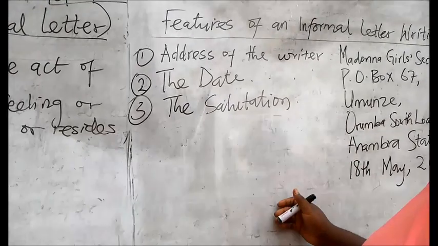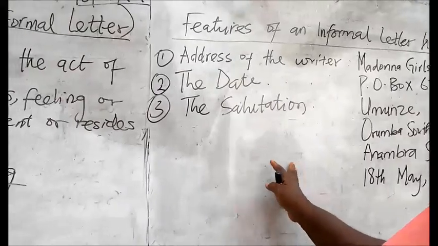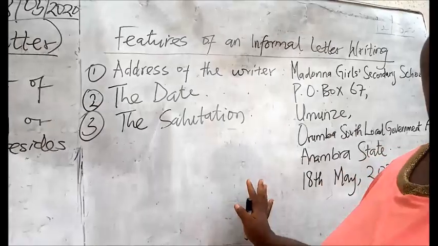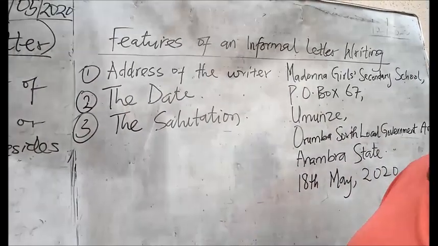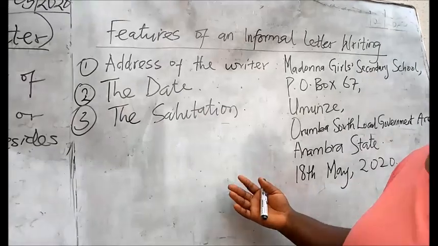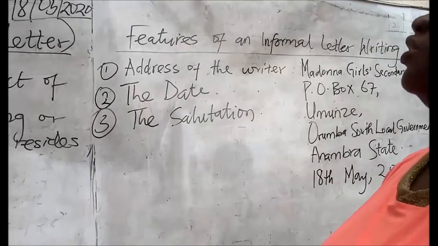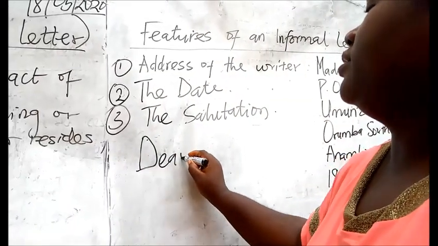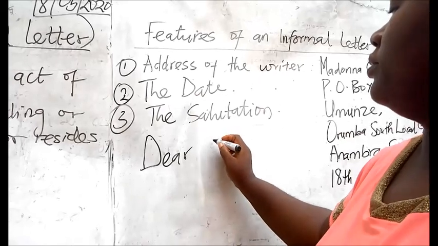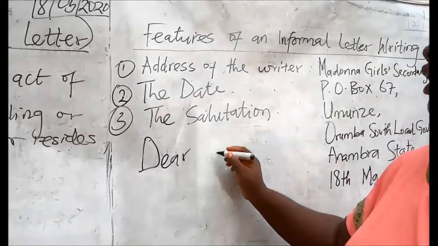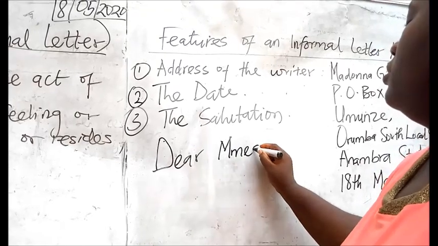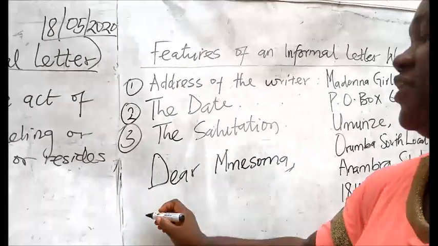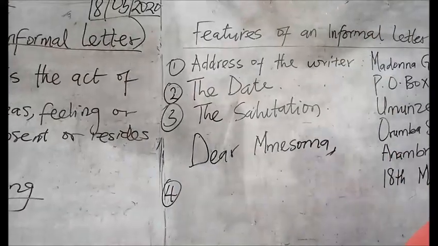If your mom is to receive the letter, you write "Dear Mother" or "Dear Mom." If your father is the recipient, you write "Dear Father" or "Dear Dad." If it is a friend, depending on the friend's name, that's what you write there. The "Dear" is written with a capital letter. If the person's name is Mmesoma, you write "Dear Mmesoma," with a comma.